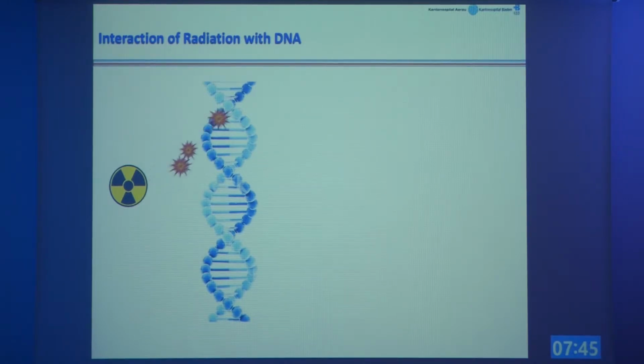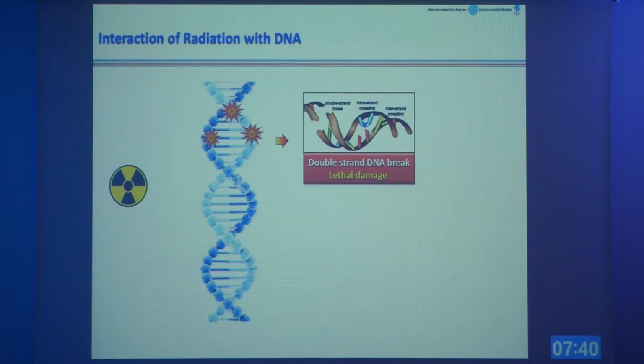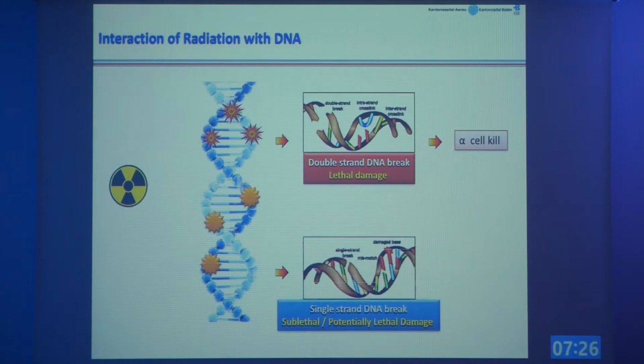So what we have is a radiation cell kill, which is a double strand DNA break, a lethal damage, which leads to an alpha cell kill. The other is when the radiation dose causes a single strand DNA break, which leads to either a sublethal or a potentially lethal damage, and that's the beta cell kill.